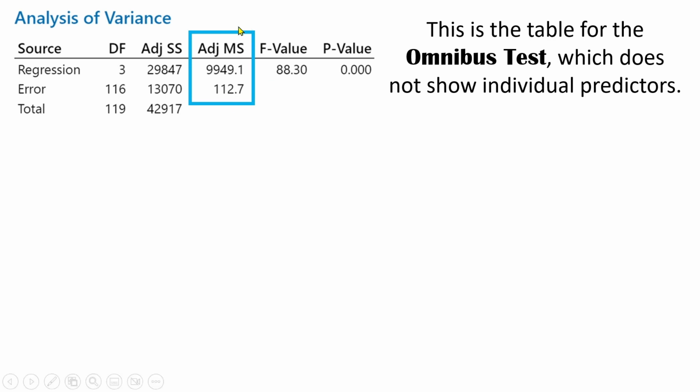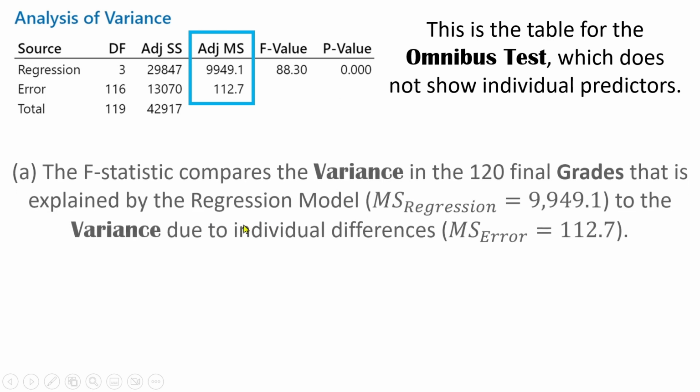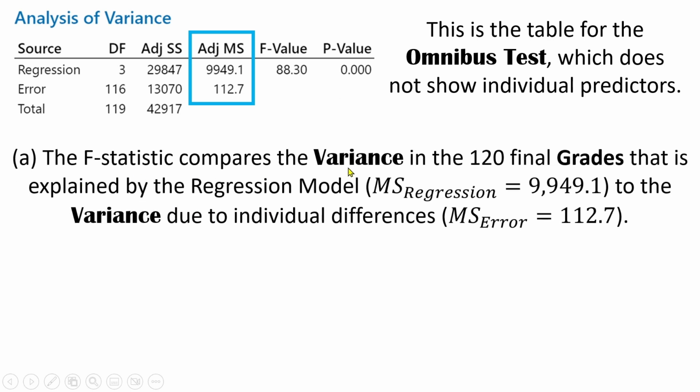We find them in the column that's called the mean sum of squares. The mean sum of squares is a measure of variance. So here, we're going to look at the variance in the 120 final grades that is explained by the regression model. And so that's this number on top. And we're going to compare that to the variance due to individual differences. That's the number here below.